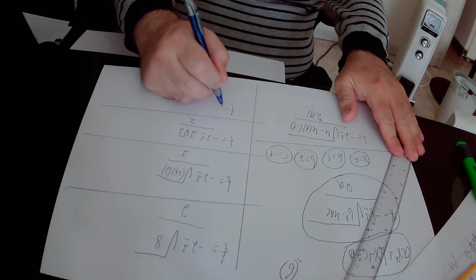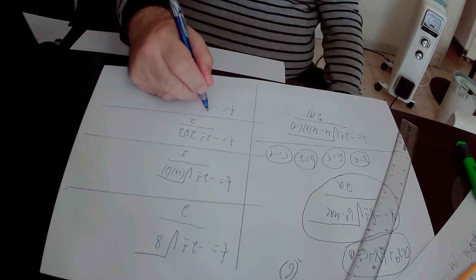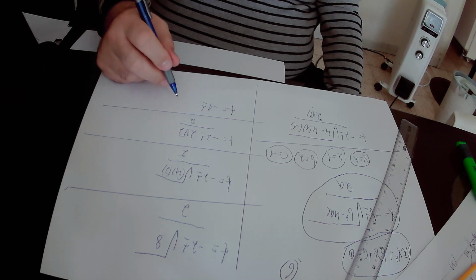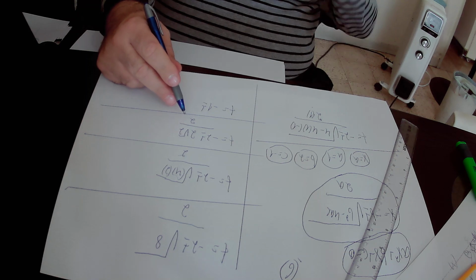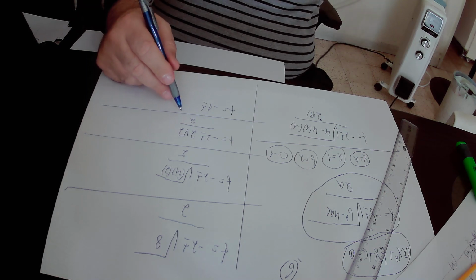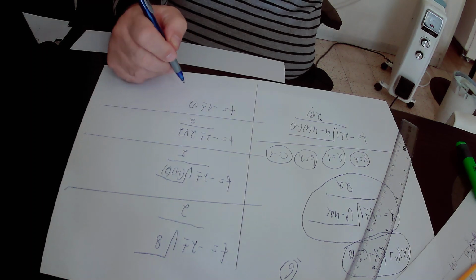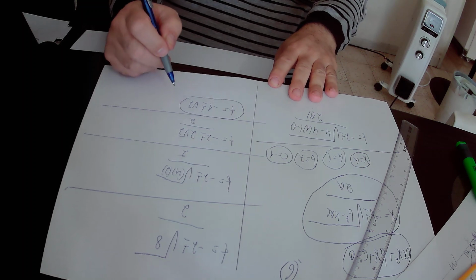So t equals minus 2 over 2 is minus 1 plus minus 2 over 2 is 1, so this expression in total equals the square root of 2. In conclusion, t equals minus 1 plus minus square root of 2.